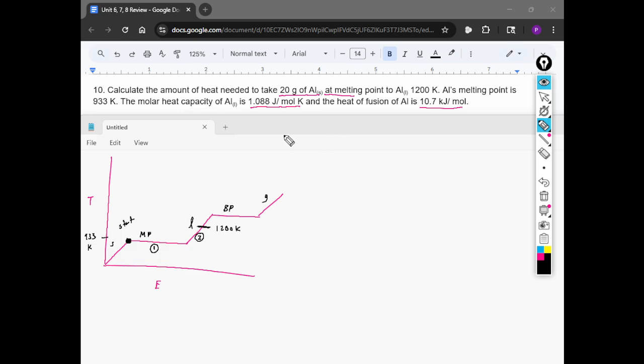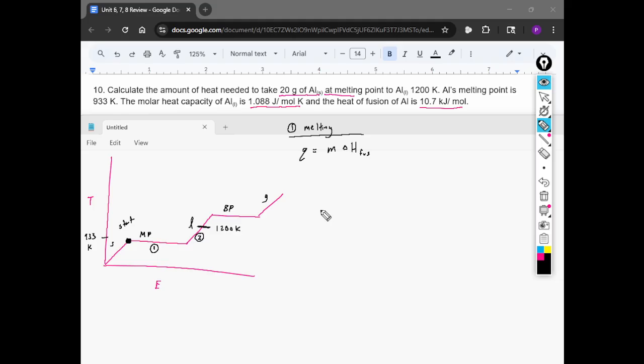Alright, so let's do our first calculation. So our first calculation is basically going to be about melting the aluminum. Okay, so this is our melting calculation. Alright, so when we're melting, we're going to be working with the heat of fusion. So it's going to be Q, the heat, is equal to the mass times the delta H fusion.